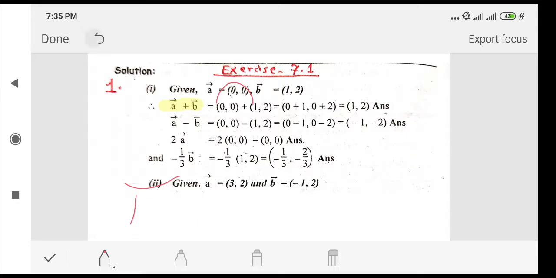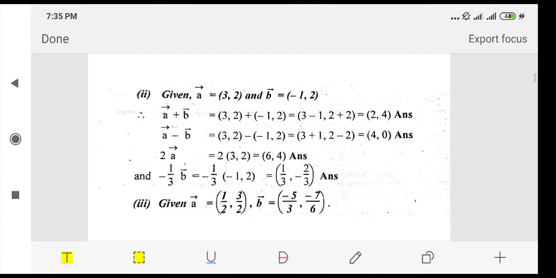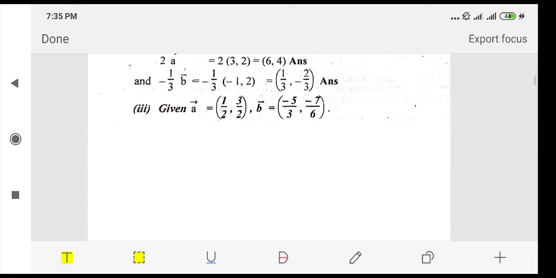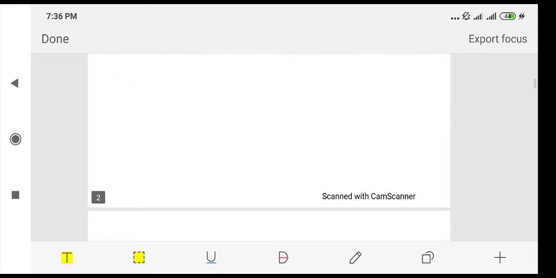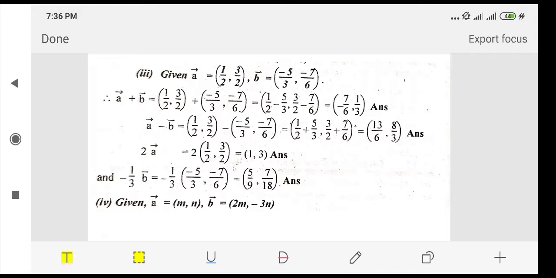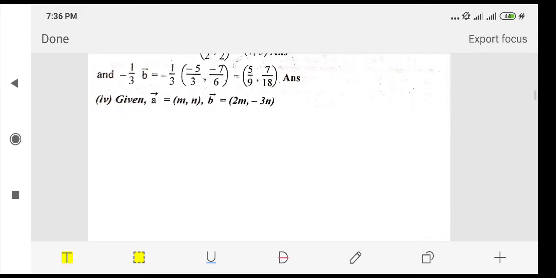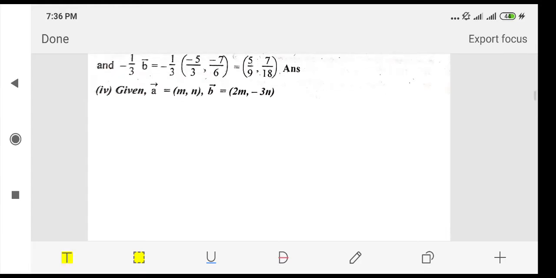Now let's move towards the next question. Question number 2 I have given to you as homework. You can screenshot this solution and check your answer. Similarly, question number 3 you can do with the same process as the first, and 4 also. Questions 2, 3 and 4 are given to you as homework.